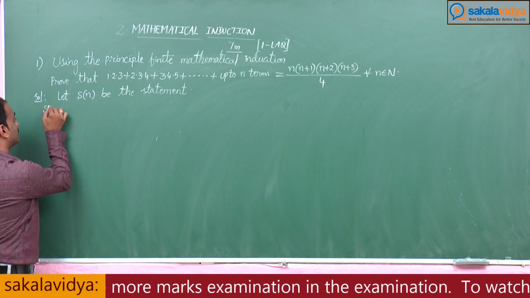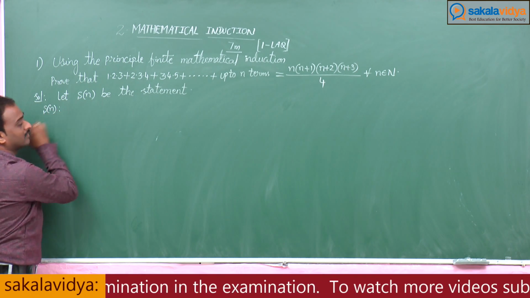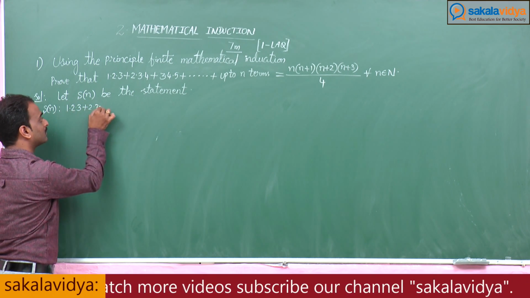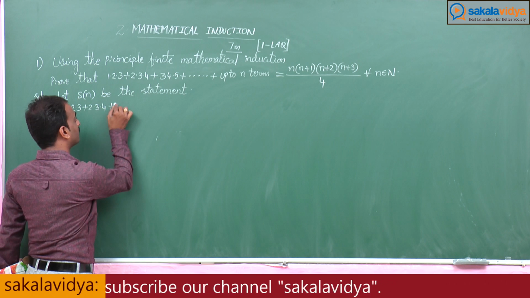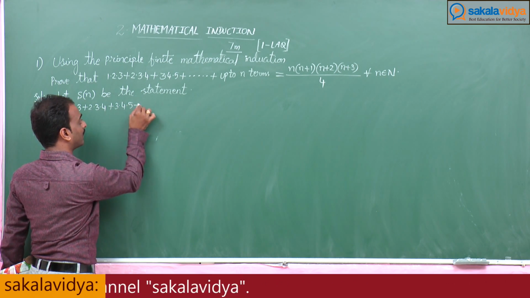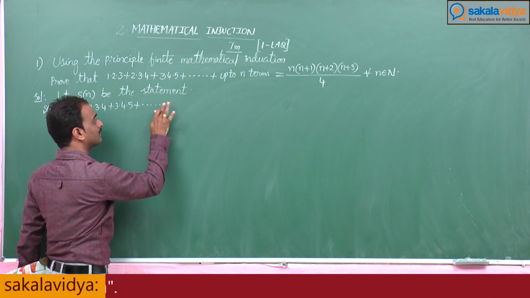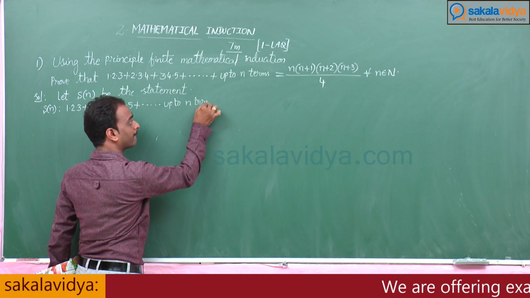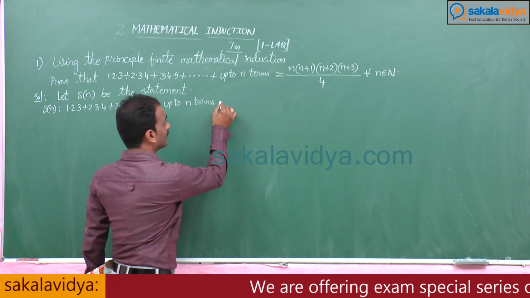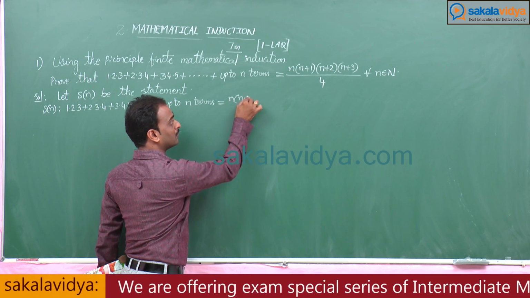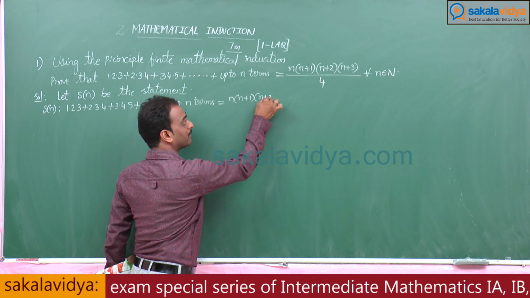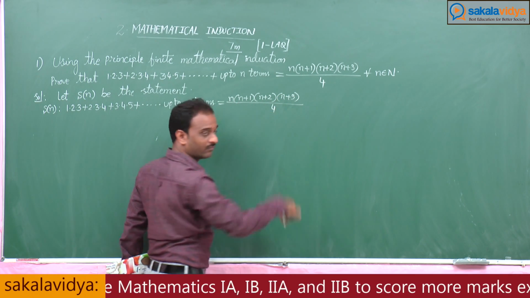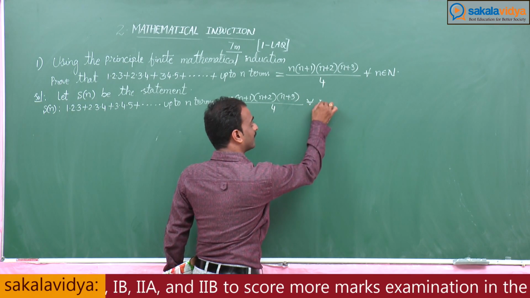So I write S of n is 1 into 2 into 3 plus 2 into 3 into 4 plus 3 into 4 into 5 plus so on up to n terms is equals n into n plus 1, n plus 2, n plus 3 by 4 for all n belongs to N.